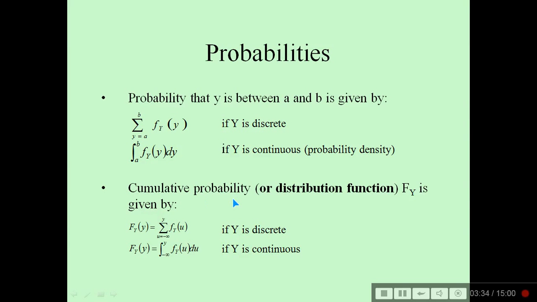And the cumulative probability or distribution function F(y) is given by the same thing, in capital, starting from minus infinity to y, again through integration from minus infinity to y.